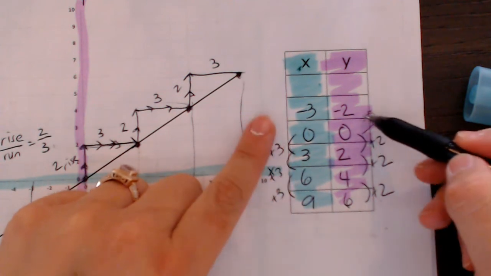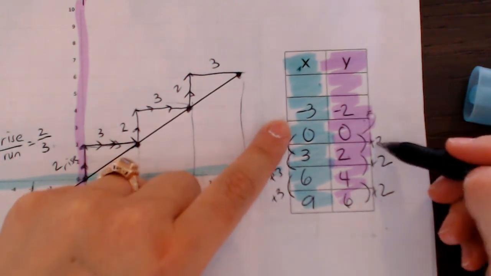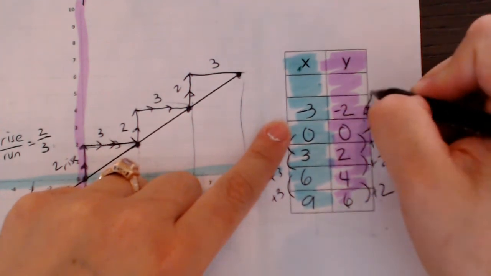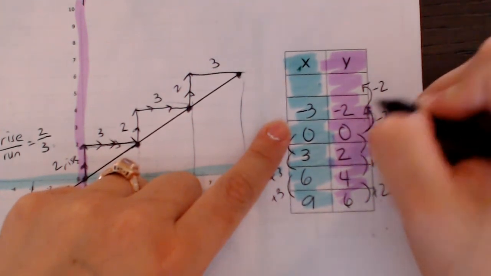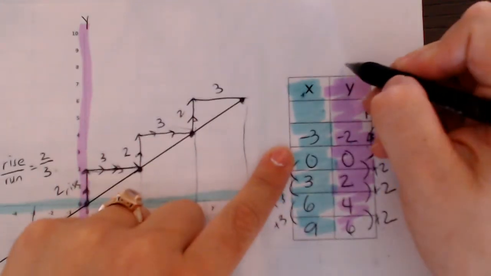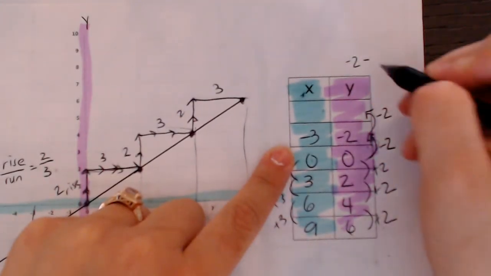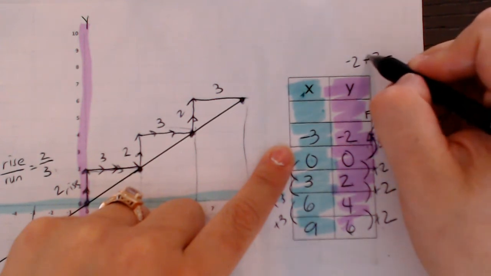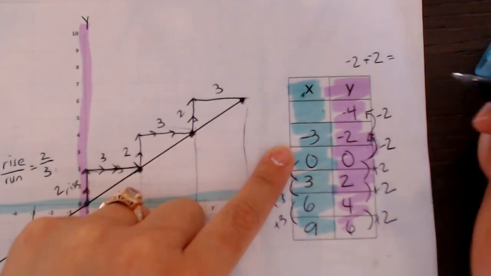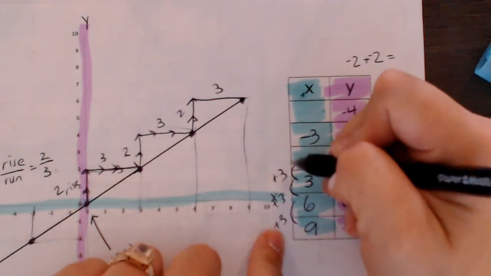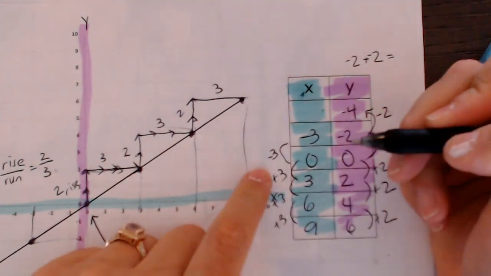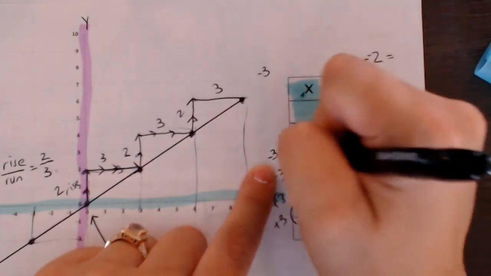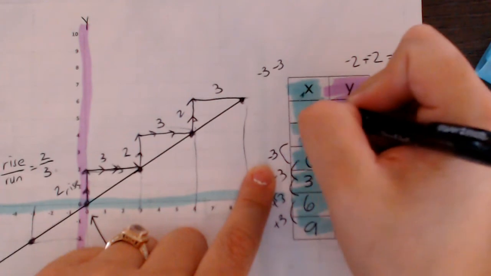Now to do it backwards, I would have to say, instead of plus, I would say minus 2. So what's -2 minus 2? -4. Instead of adding 3, I would subtract 3. So -3 minus 3 would give me -6.